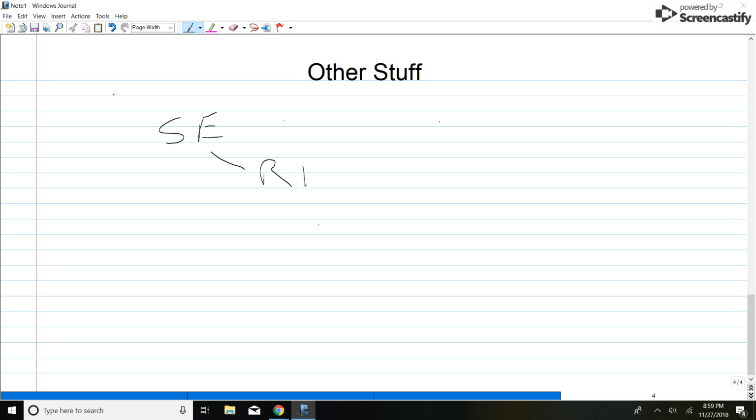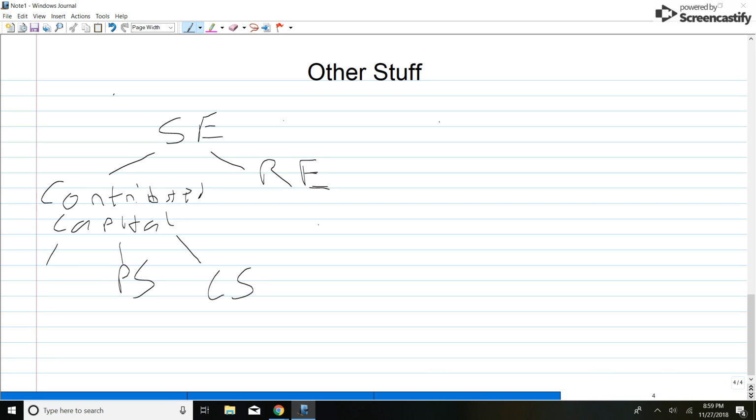The other part that used to be common stock, we're now going to call contributed capital. Common stock is a part of contributed capital, but what else is? Well, that's preferred stock and paid-in capital, preferred, or preferred in excess of par, common stock, and preferred stock.